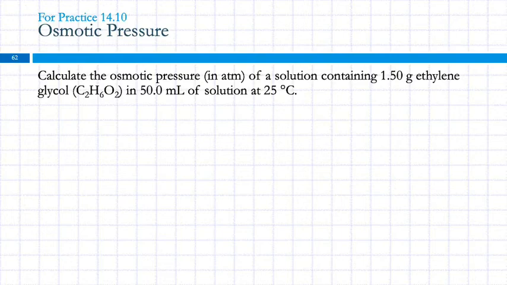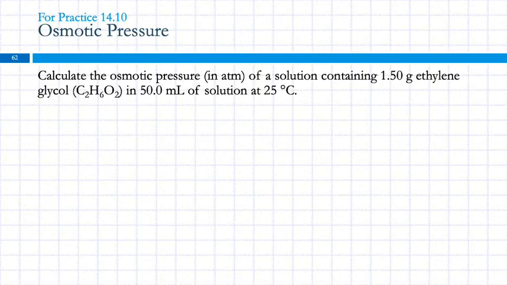So calculate the osmotic pressure in atmospheres of a solution containing 1.5 grams of ethylene glycol in 50 milliliters of solution at 25 degrees Celsius. This one's not as simple as the others because they're making us do some stuff before we use the equation.